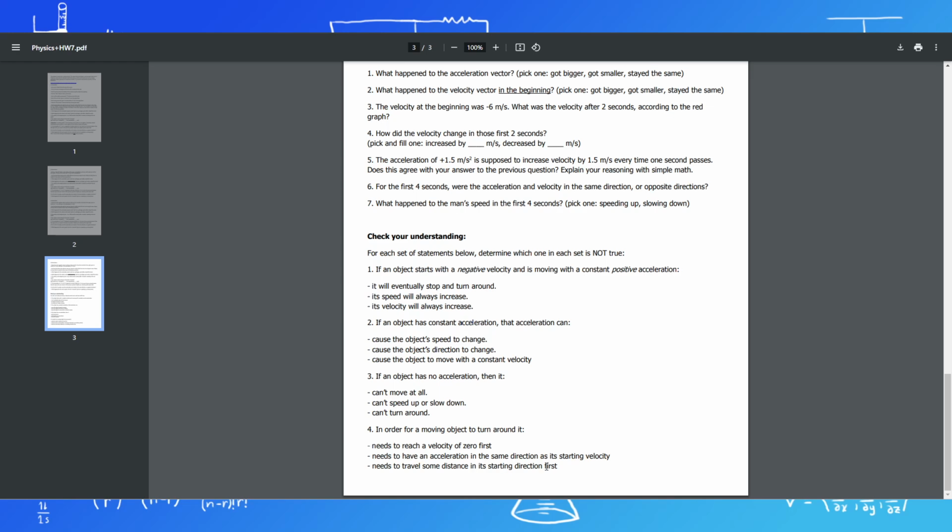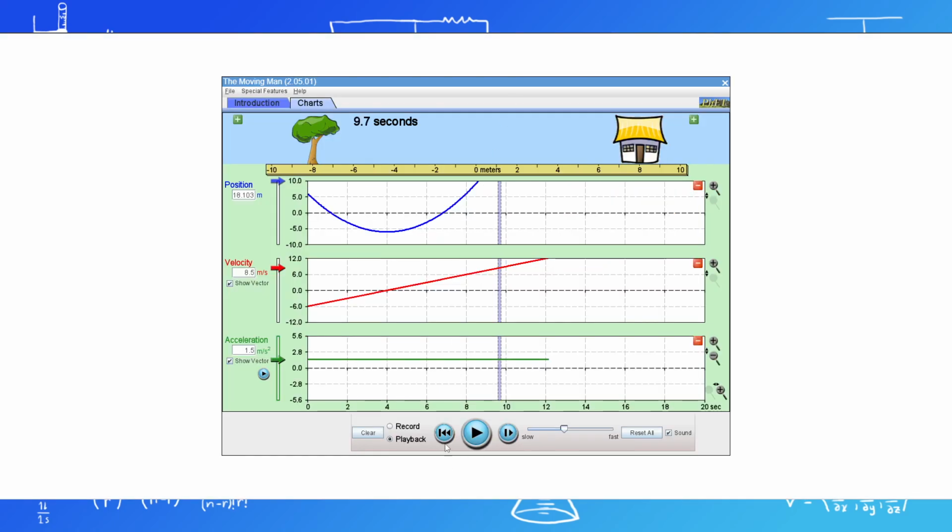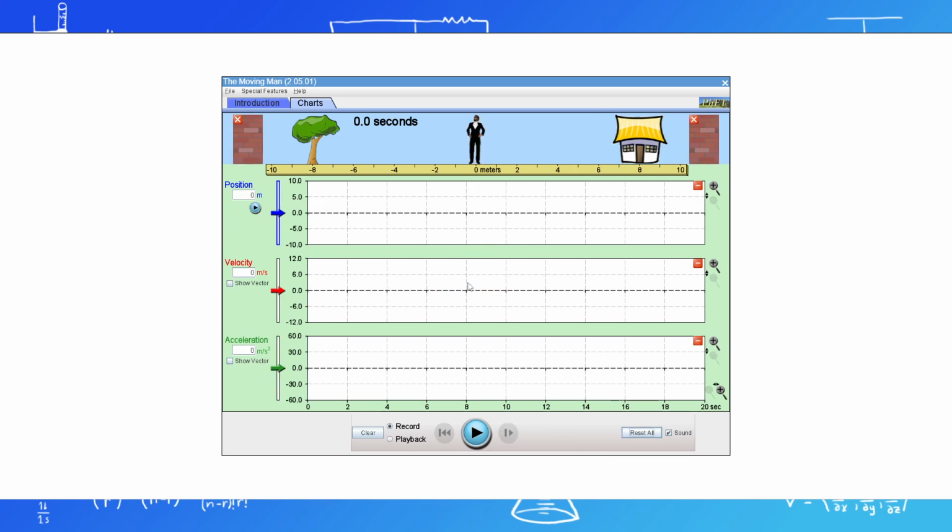Needs to have an acceleration in the same direction as its starting velocity. No. If the acceleration and starting velocity are the same, then you are in trouble. Let me reset. Well, you're not in trouble, but let me pause, clear, and let's have a starting velocity of +1 and a starting acceleration of +1.